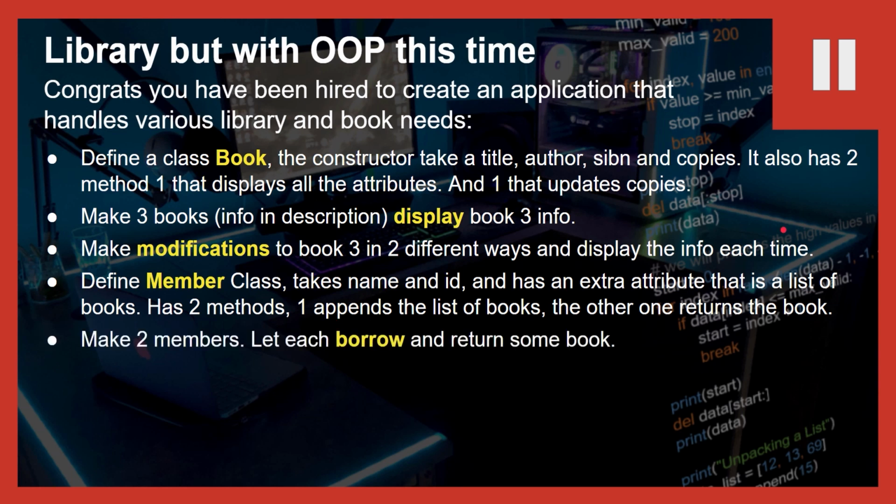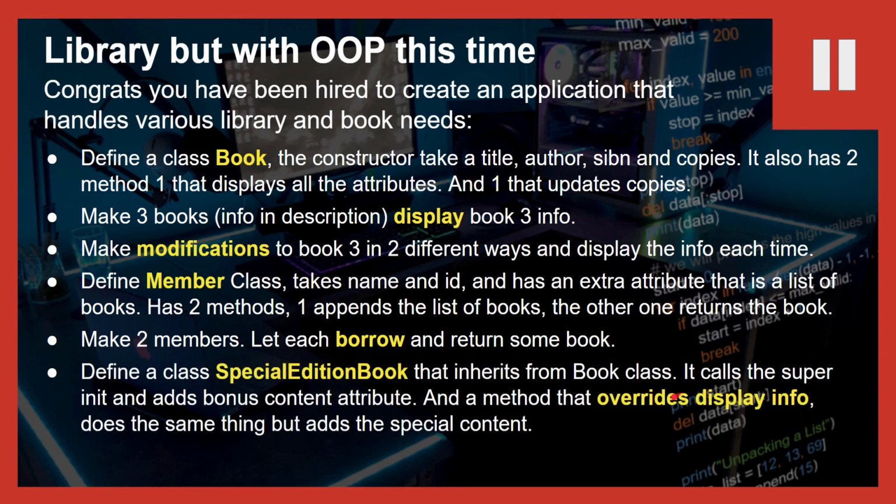Next, you'll need to make 2 members and let each borrow and return some books. So far you only have 3 books, so you'll have to try to have one member borrow 2 books and then return 1 and then display the information and so on and so forth. Next, you'll need to define a class SpecialEditionBook that inherits from the Book class.